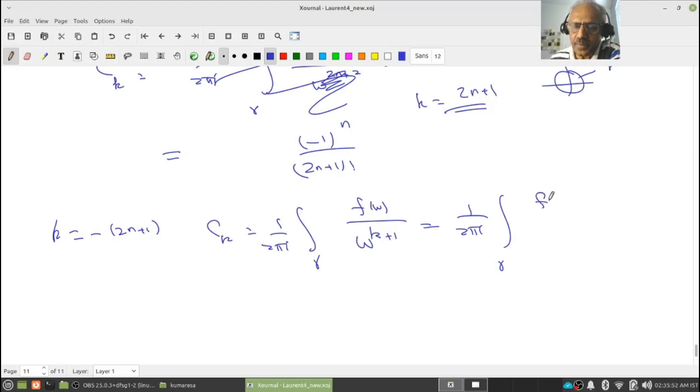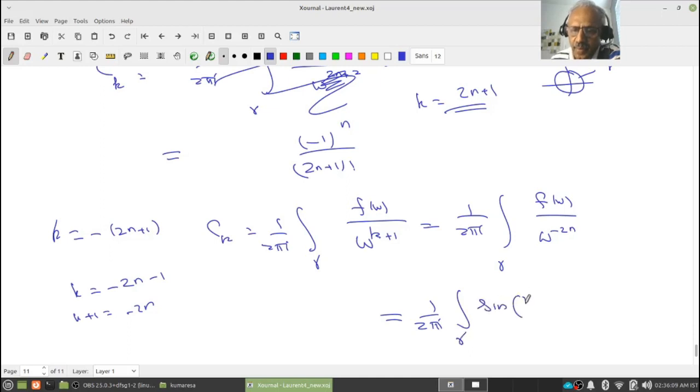What is k? k is minus 2n minus 1, therefore k plus 1 is equal to minus 2n, so it's w to the power minus 2n. Therefore it's going to be 1 by 2 pi i integral over gamma of sine 1 by w times w to the power 2n dw. This object is going to be minus 1 to the power n by 2n plus 1 factorial.